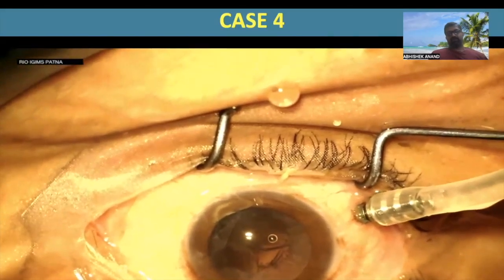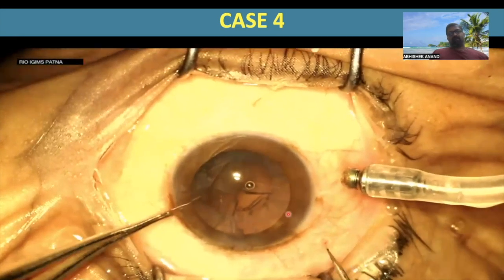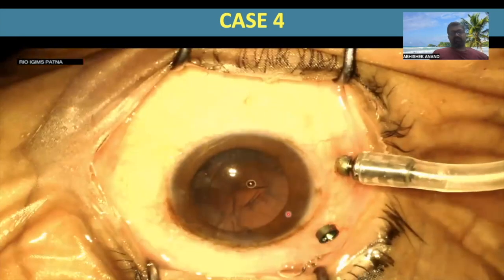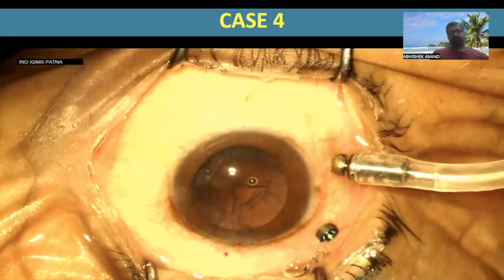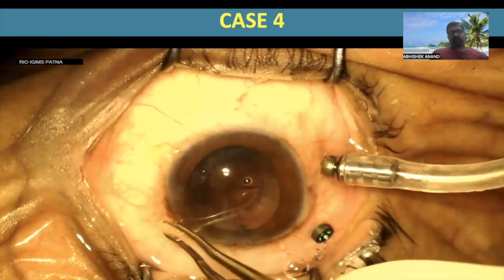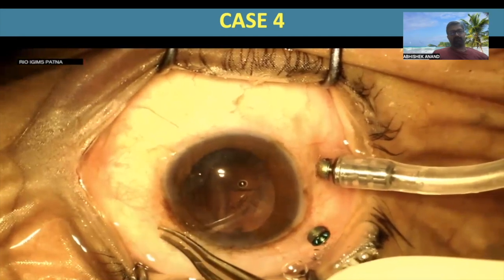Now this patient was booked for a combined phaco with PPV, and these are the steps of a retina surgeon. But this video tends to show that a few of the steps can be done by the anterior segment surgeon also.